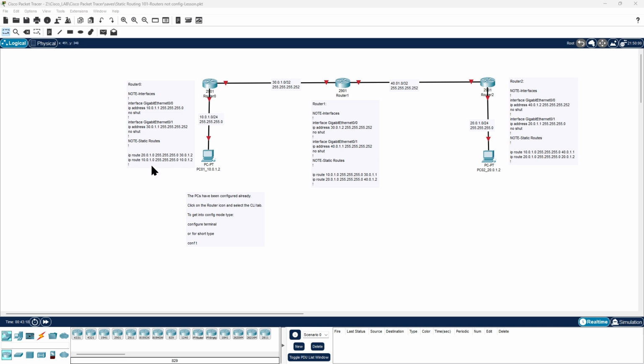So we're looking at the entire /24 of 20.0.1.0, and we go in the router and say, okay, what's the next hop? How do we get there? And that's going to be the egress interface between these two guys, which is 30.0.1.2.